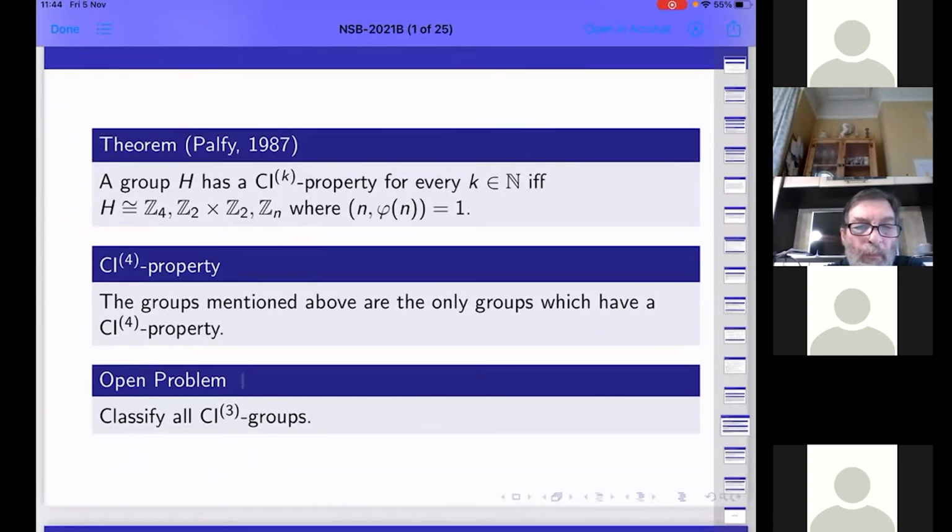For binary relational structures, we are working with graphs, and for ternary relational structures, this is quite a fresh area of research, which was started by Ted Dobson, and now we continue with Ted and Pavla working on this problem, whether it is possible to classify these CI3 groups.